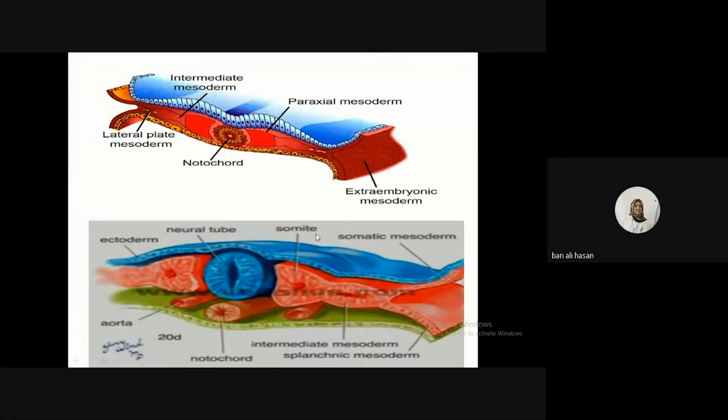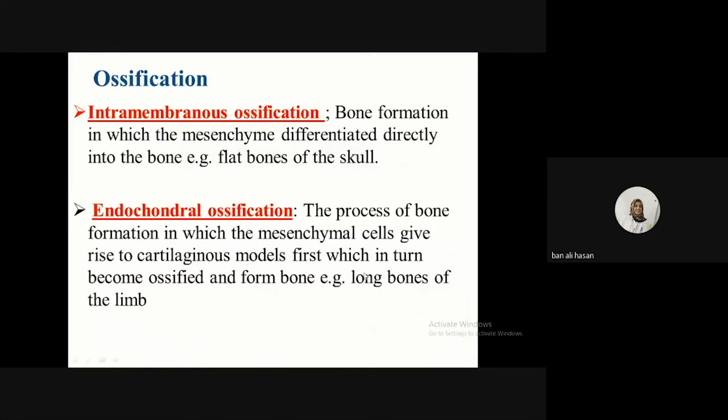Somites will form sclerotome and dermomyotome. Somitomeres are a segmented series of tissue blocks on each side of the neural tube. I will tell you what they will form.